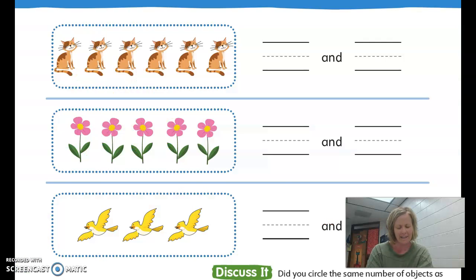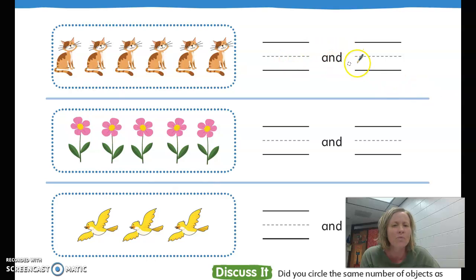It should look like this. I see 6 cats. Some cats went outside and some went inside. Can you circle the cats that went outside? Now, write your numbers to show me how many went outside and how many stayed inside.